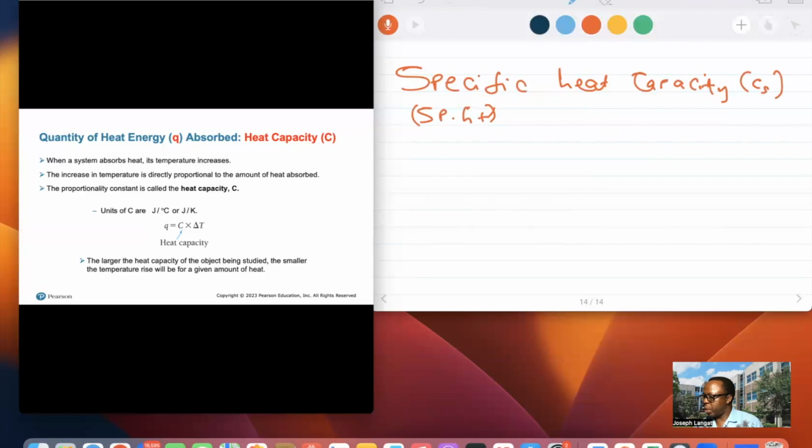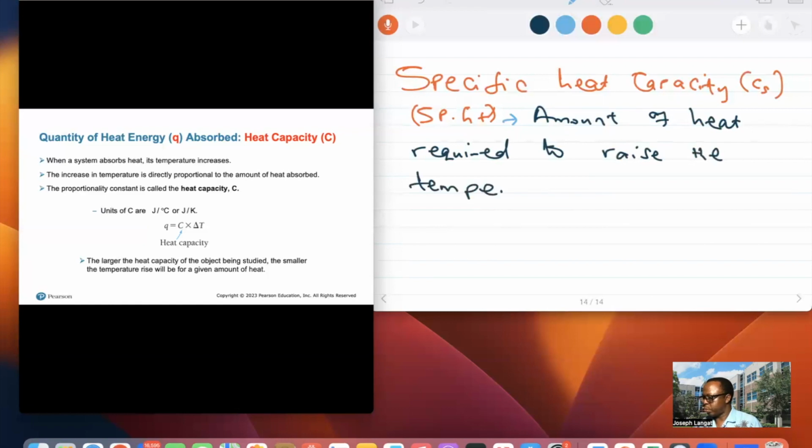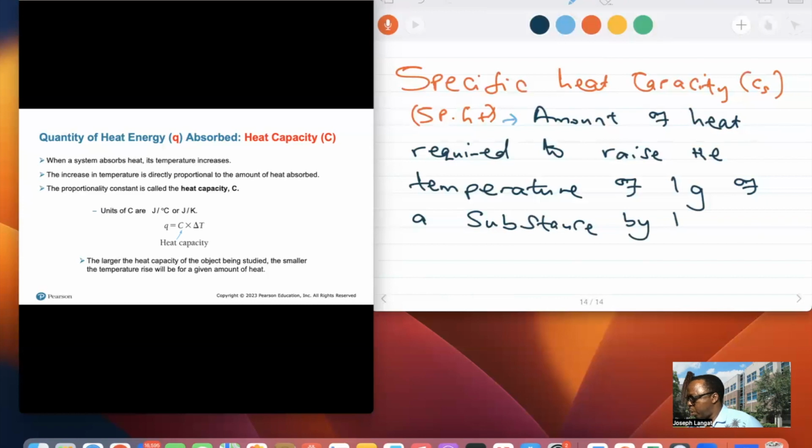Specific heat capacity is the amount of heat required to raise the temperature of 1 gram of a substance by 1 degree Celsius.